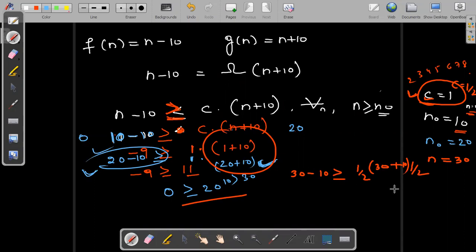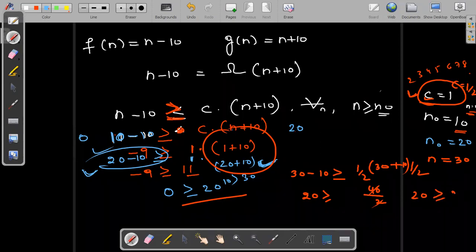Please observe this line, everybody. 30 minus 10, what is the value you get? 20. 20 is greater than or equal to, what is the value you get for 30 plus 10? 40. 40 divided by 2, what will you get, guys? 20. Nothing but one condition satisfies.